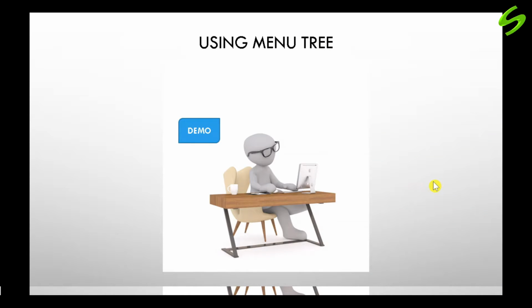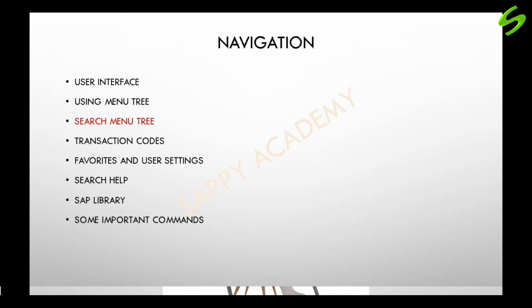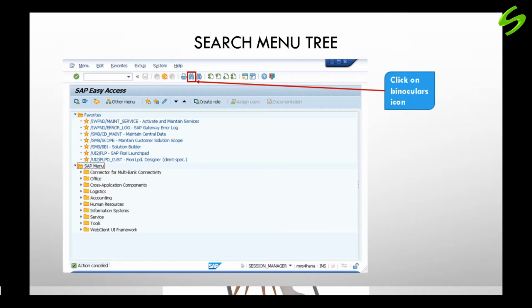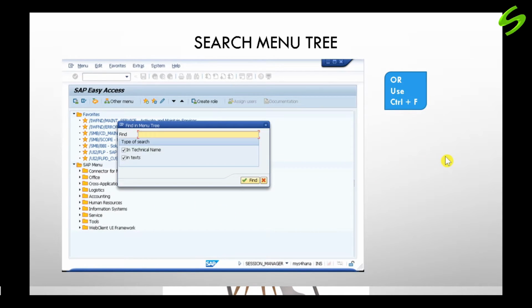Let's move on to the next section. Search menu tree. For search, we can use the binoculars icon on the standard toolbar if you want to search anything on the SAP screen, or we can use Ctrl plus F, which we normally use in other applications.